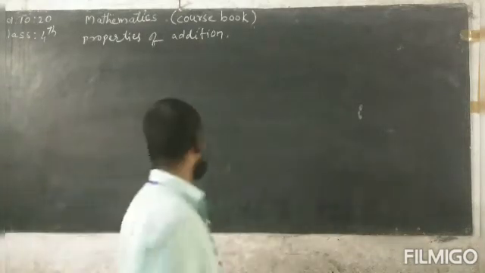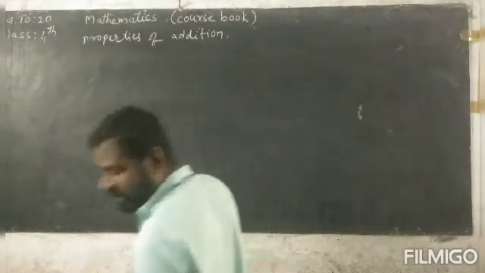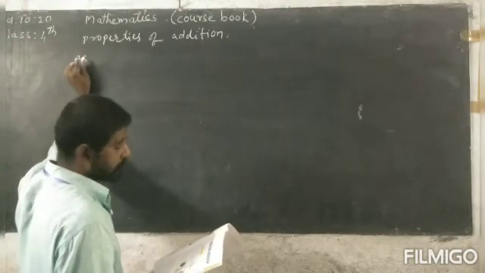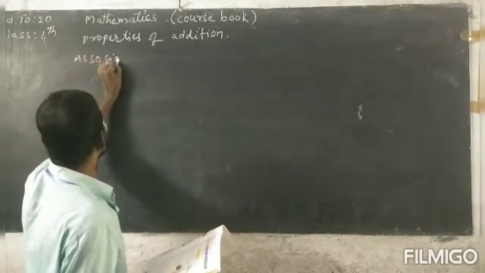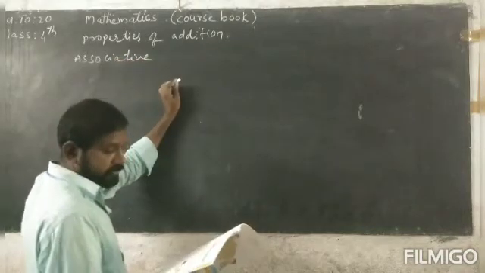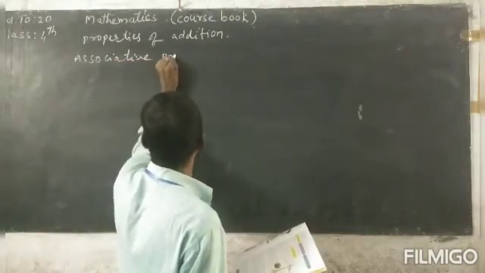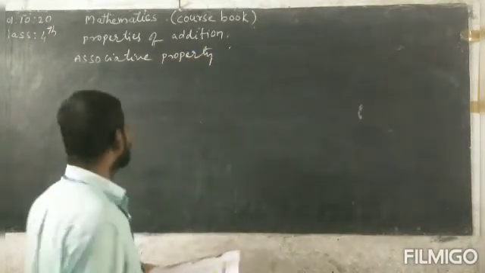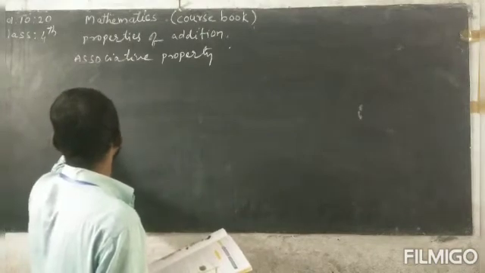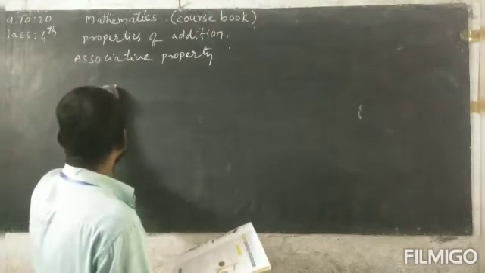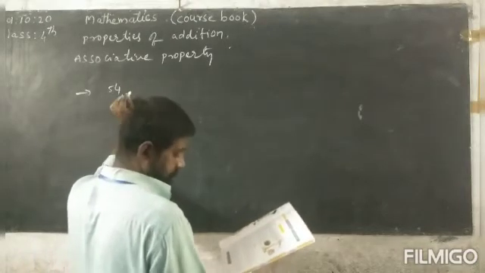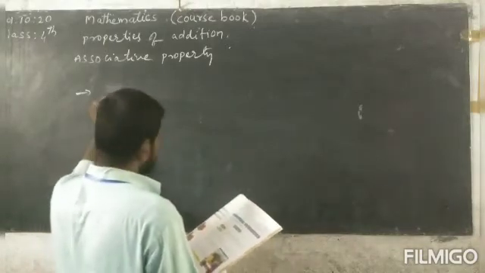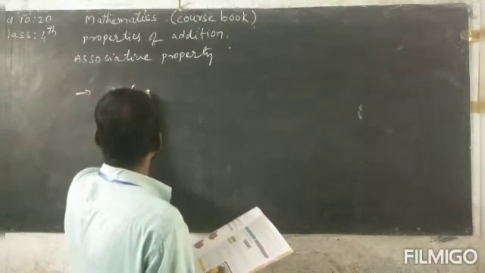See here, by grouping means now I am taking 3 numbers, beta. Now next, associative property, very simple. The numbers are, listen carefully, 3, 5 and 7.